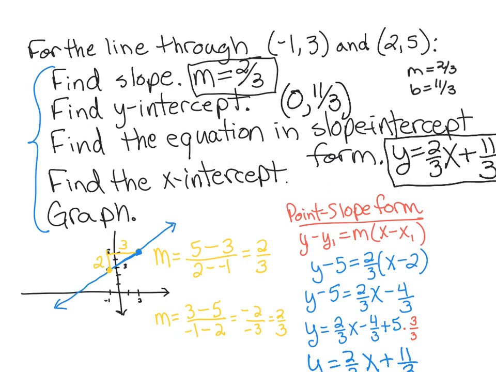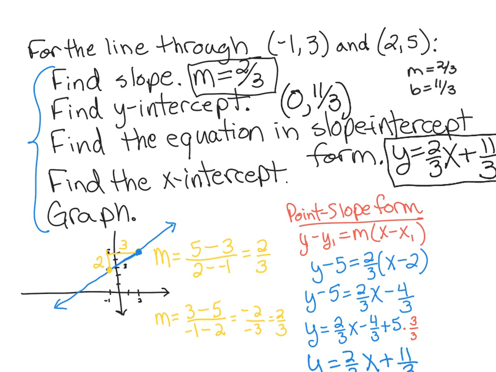Now, does that make sense on my graph? 11/3. Well, let's see. 1 is 3/3, 6/3, 3 is 9/3, 12/3, and you see that I crossed just above 9/3 before I got to 12/3.